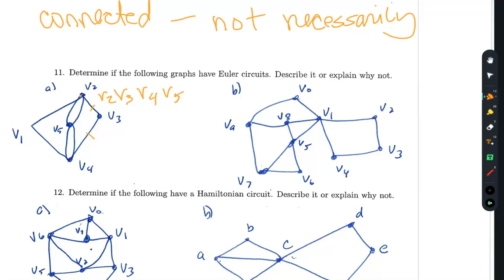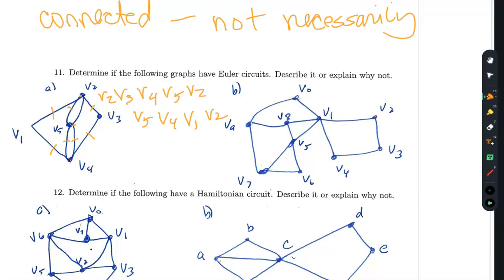So I've gone here, here, here. I'll go up to this one, and then up to V2 again. And then I'm just going to go back down to V5, back to V4, and then go to V1, and then back to V2.